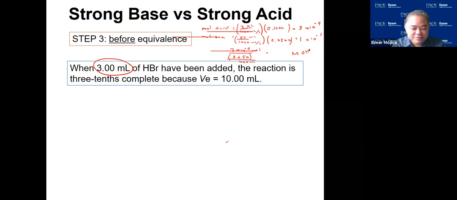So 7 times 10 to the negative 4 divided by 3 plus 50, or 53 divided by 1,000. What do you get? What concentration of the hydroxide remains there?